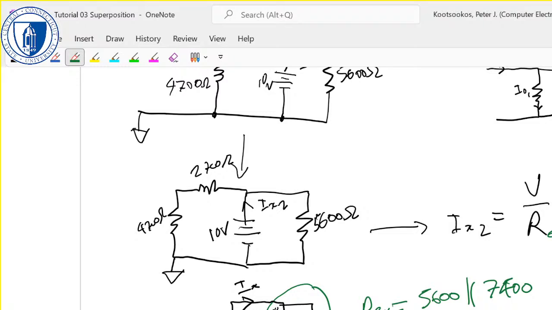So 1 divided by 5600 and 1 divided by 7400. And then one on X, right, which is 3188, I think. Sounds about right.